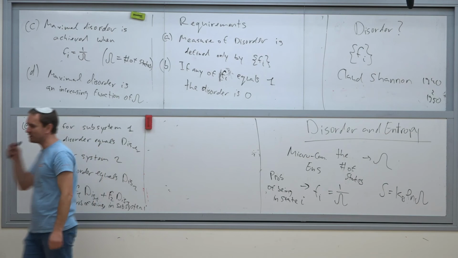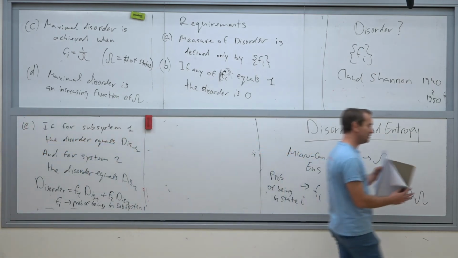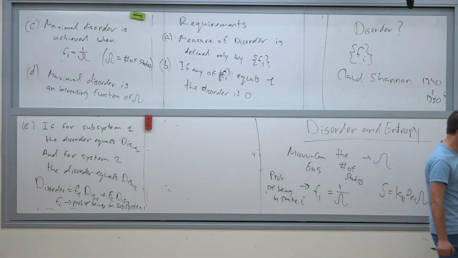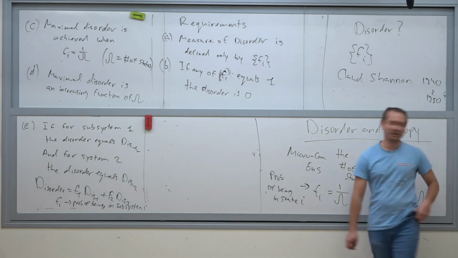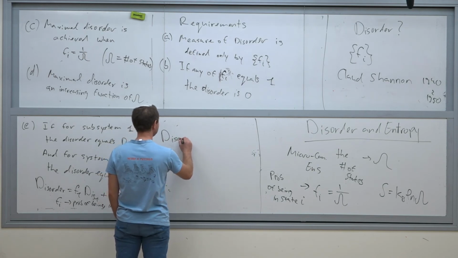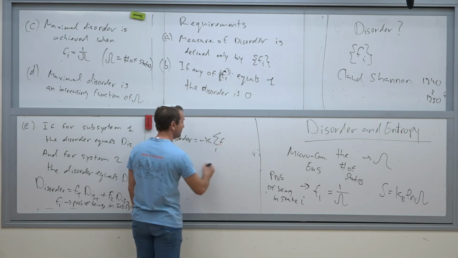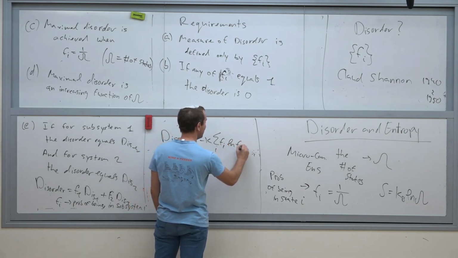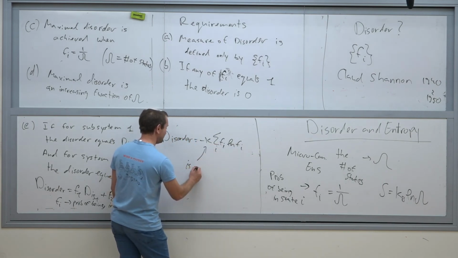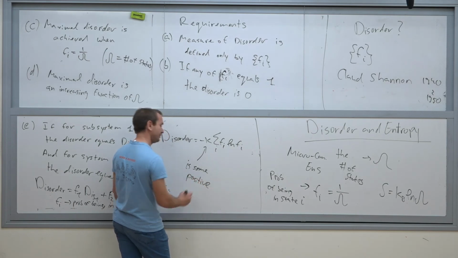Now, what you can prove is that actually the form of the disorder that satisfies those requirements is disorder equals minus k sum over i of fi log of fi, where k is some positive constant.